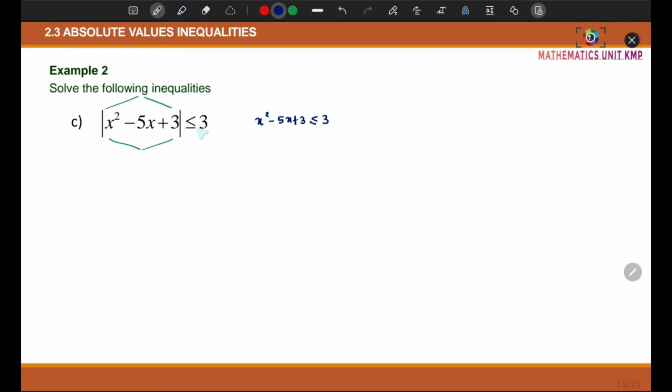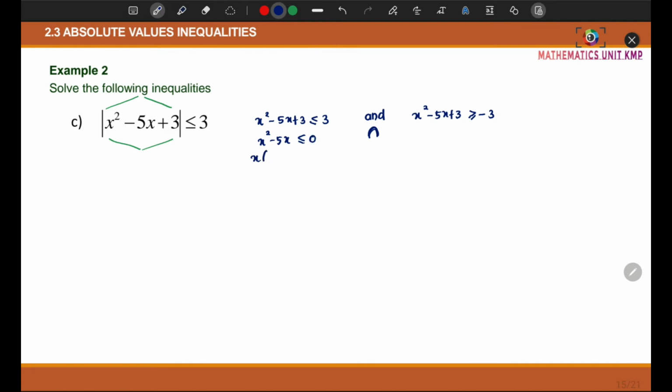So here is the symbol less than or equal to, we use AND or intersection. So x squared minus 5x plus 3 greater than, reverse the sign and put the negative sign. Okay, so solve separately. So x squared minus 5x, so 3 minus 3 is 0, less than or equal to 0.